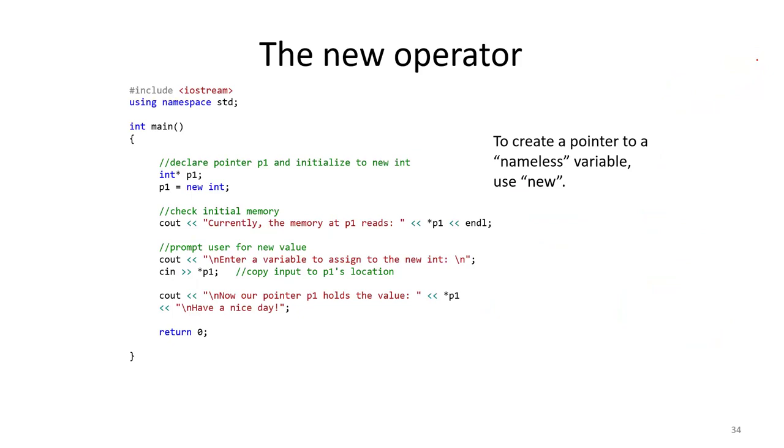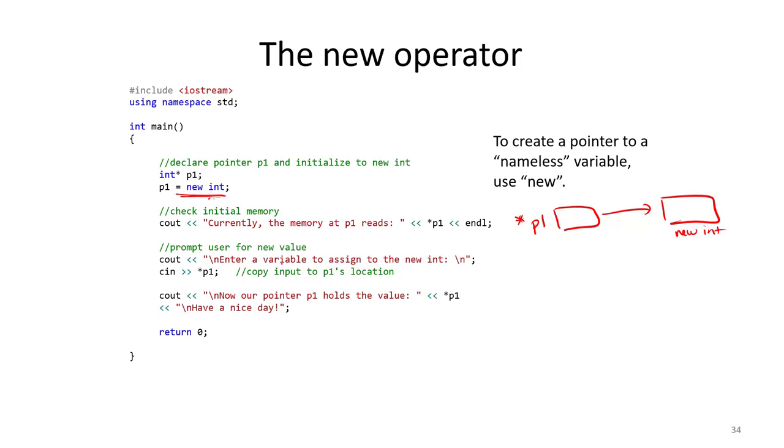Here's a quick example of the new operator. So you can see here we declared a pointer p1, initialized p1 to point at a new int. And so basically what this code is doing is we have that pointer p1, and it's pointing to some new int. And notice that this new int does not have a name. It's just a bit of memory that the pointer's pointing at.